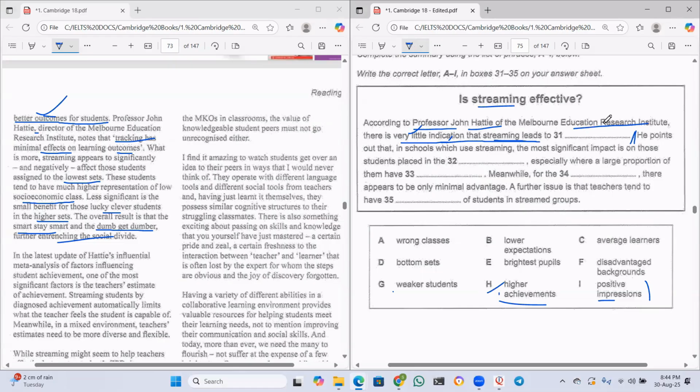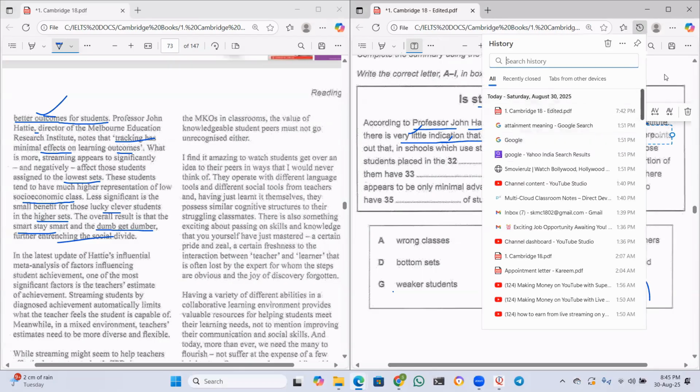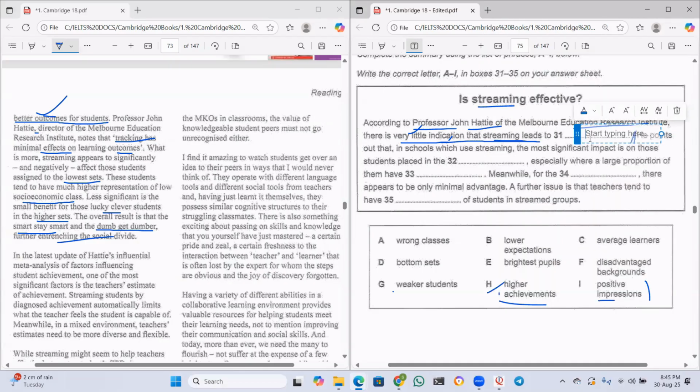No. Can I write better outcomes here? No. What should we write? We should write the alphabet, that is H. All right. We should write H. That's it. So H should be the right answer.